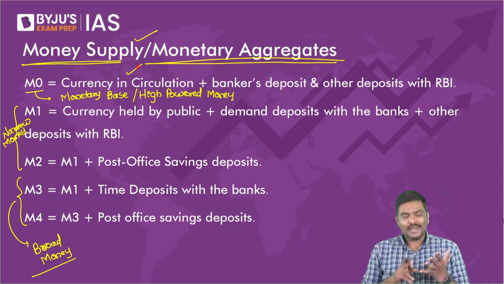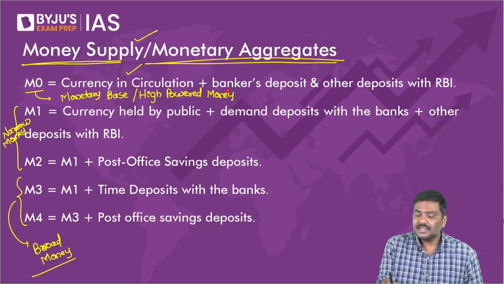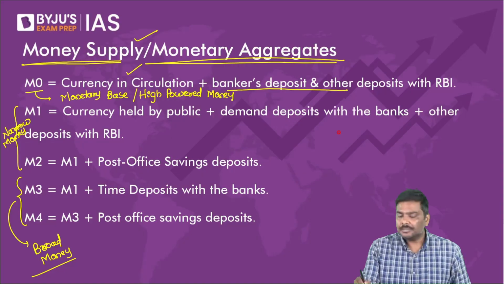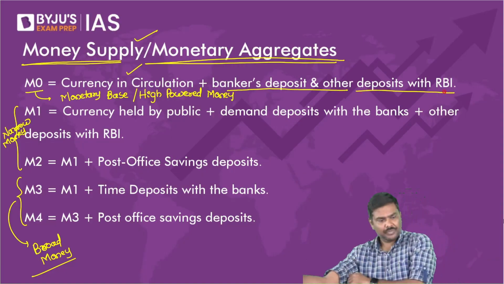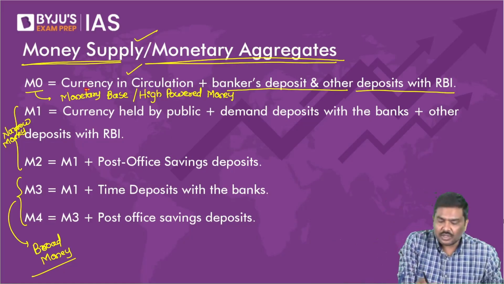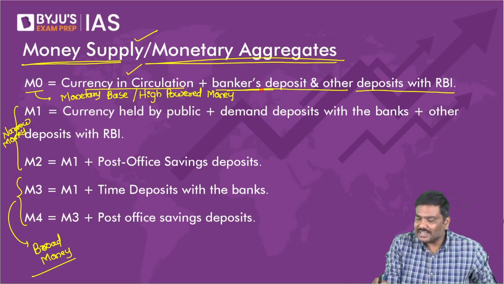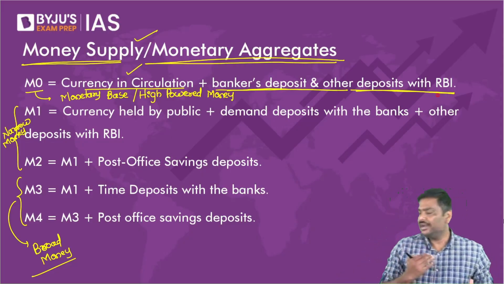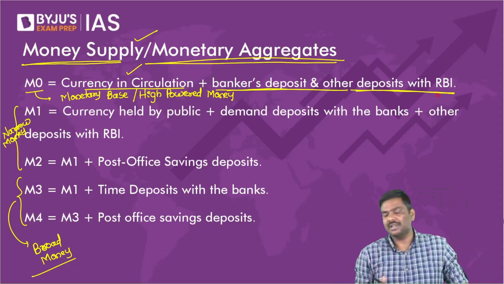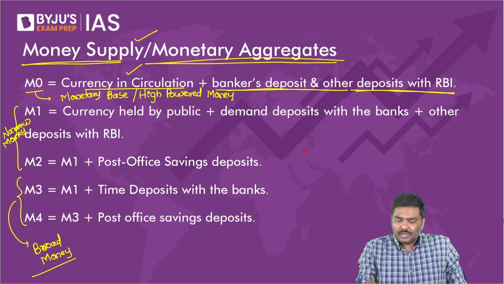Now, what is M0? M0 consists of currency in circulation plus bankers' deposits plus other deposits with RBI. So how do you calculate it? I'll show you a simple example.